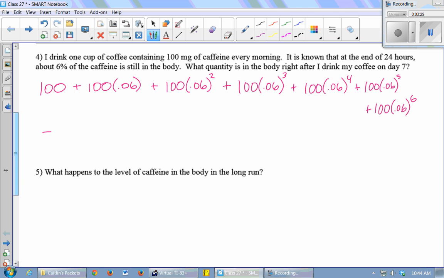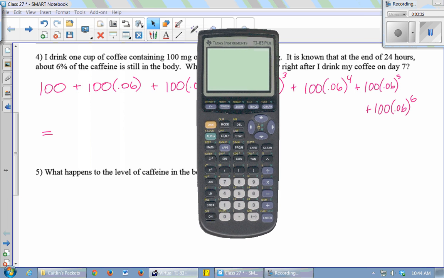So I can just add it up. It's only 7 terms, so it's not too bad to just type this all in. 100 plus 100 times 0.06 plus 100 times 0.06 squared, times 0.06.